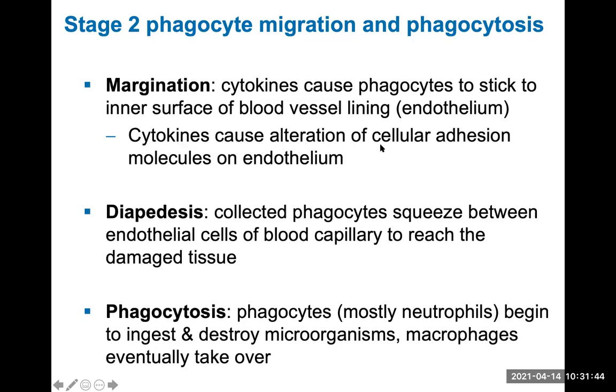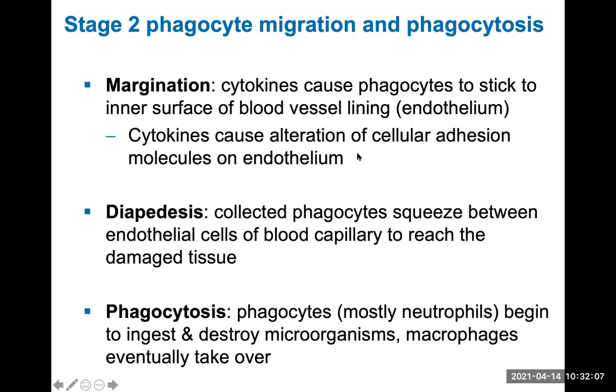Cytokines cause alteration of the lining of the vessel to have adhesion molecules, so the adhesion molecules on the endothelium, or the inside lining of the blood vessel, grab on to the phagocytes as they are passing through the blood.